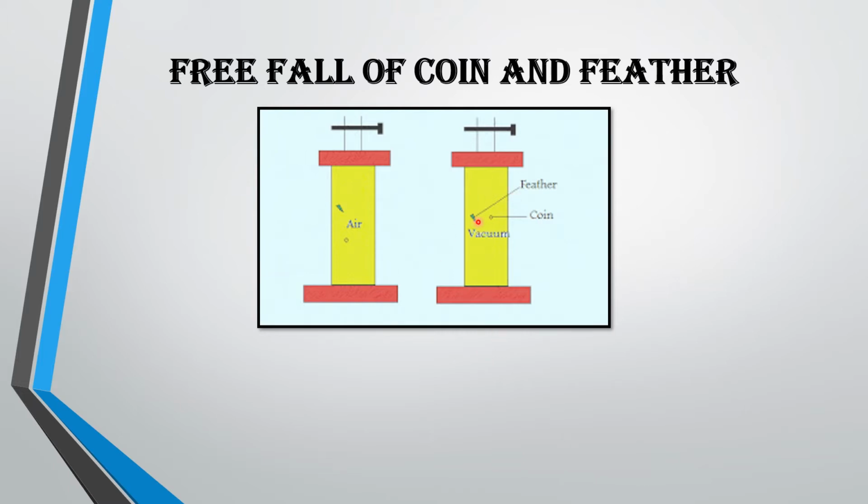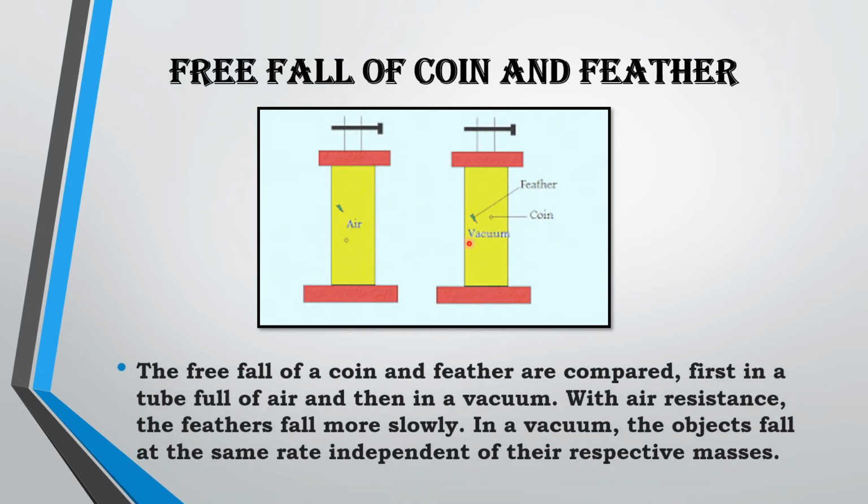Here you can see that when no force is acting, both will fall at the same pace. When vacuum is filled, both the coin and the feather will fall towards this portion at the same speed because of the presence of vacuum.